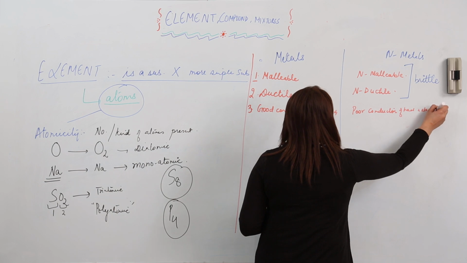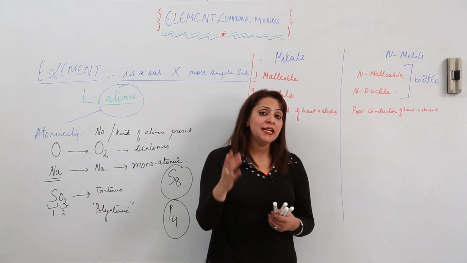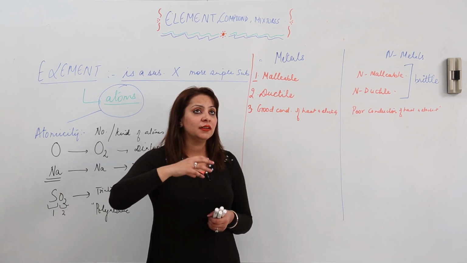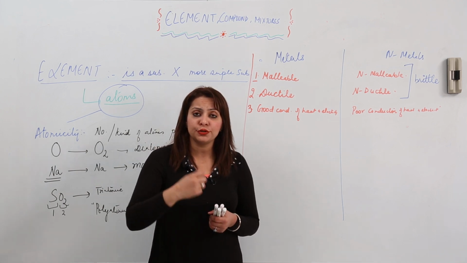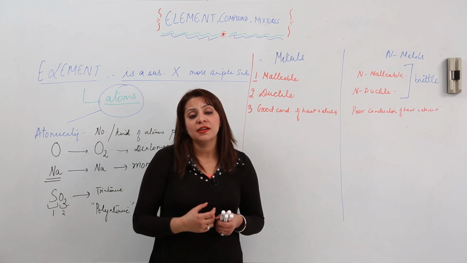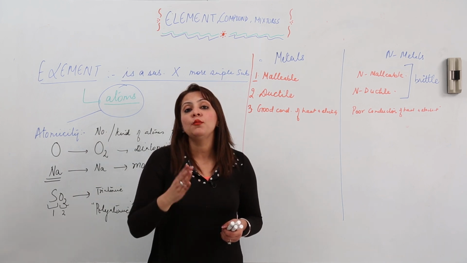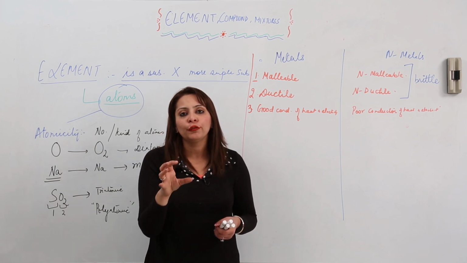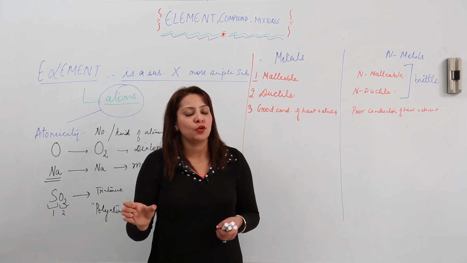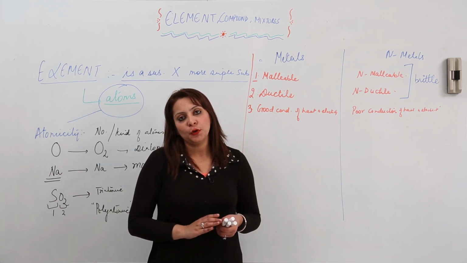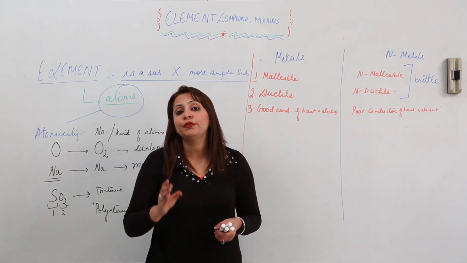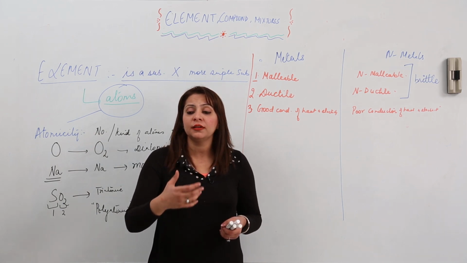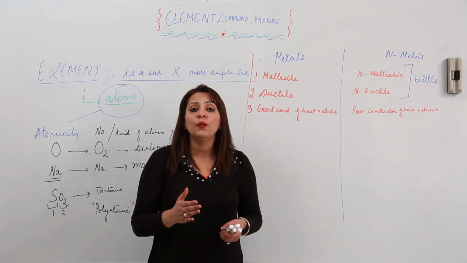The reason being, just keep in mind, for any substance to be a good conductor of electricity, the property it should possess is that it should have free mobile electrons. Free mobile means they can move, okay? If any substance has free mobile electrons, then only it is capable of passing electric current through it, otherwise it won't.